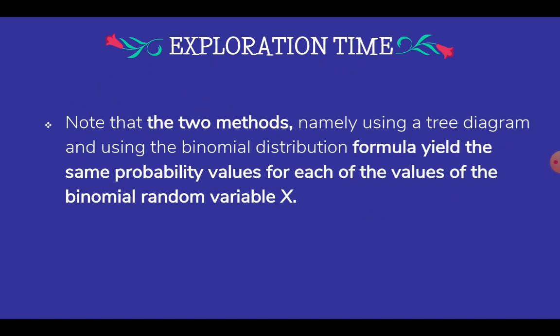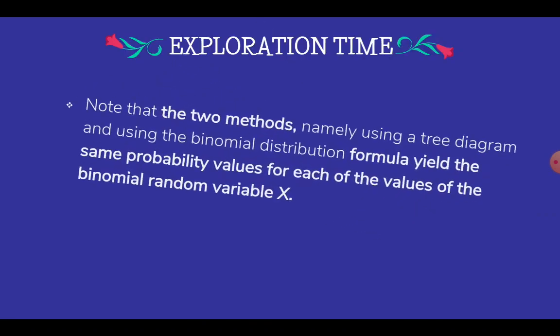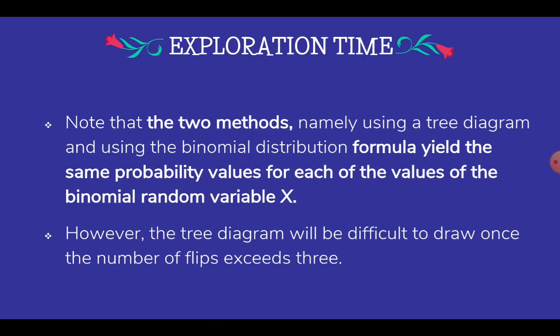Note that the two methods, namely using a tree diagram and using the binomial distribution formula, yield the same probability values for each of the values of the binomial random variable X. We have proved that both methods lead to the same result. However, the tree diagram will be difficult to draw once the number of flips exceeds 3.